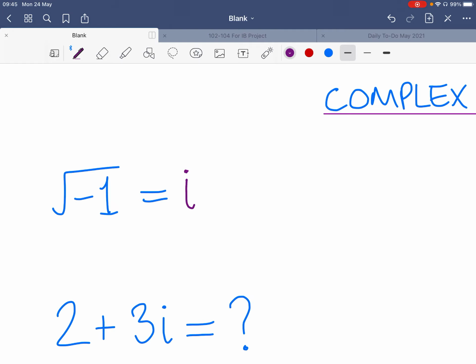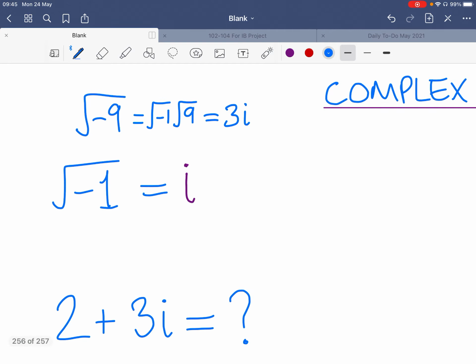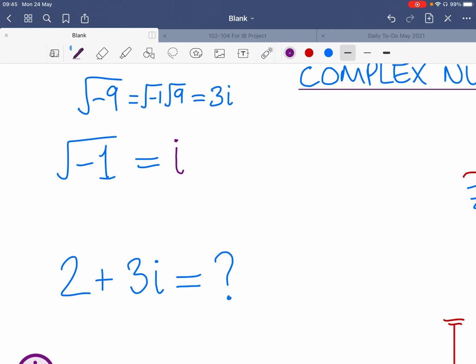This is i, and well, we could do the square root of -9. Well, that would be the square root of -1 times the square root of 9. So this would be 3i. So how do we work with these? How do we manipulate these? That's what we're going to go through now.